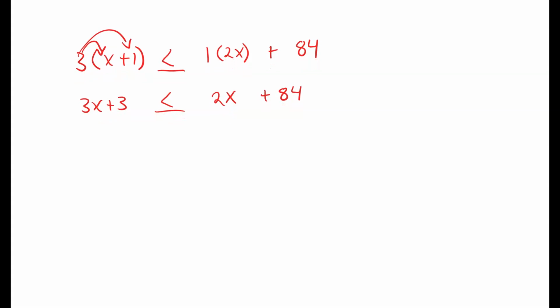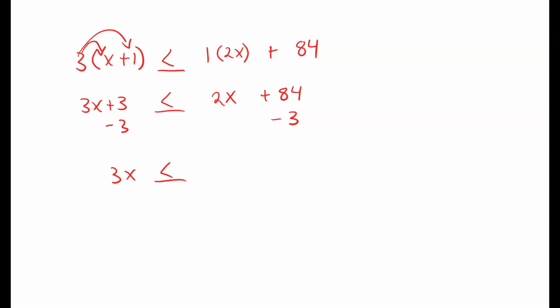Just like we were doing before, we always want to get our constants to the right-hand side and our variables to the left-hand side. So we want to move this plus 3 over to the right by subtracting 3. Subtracting 3. This leaves us with 3x.